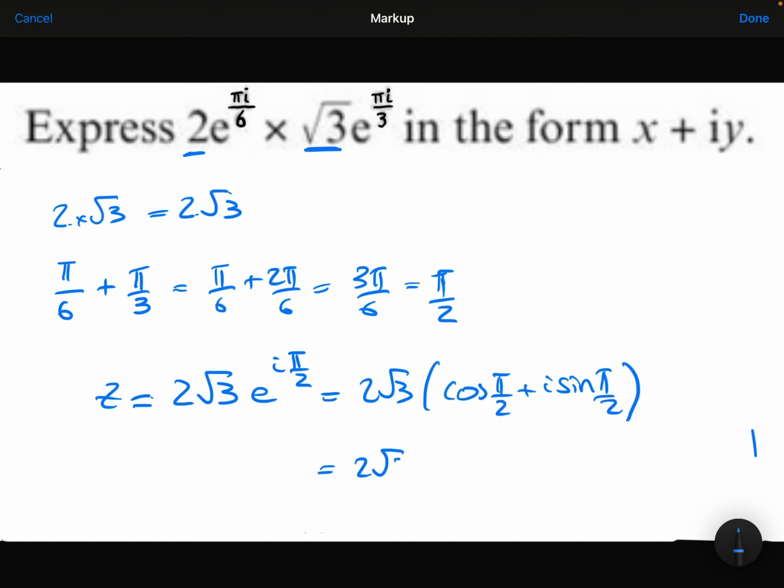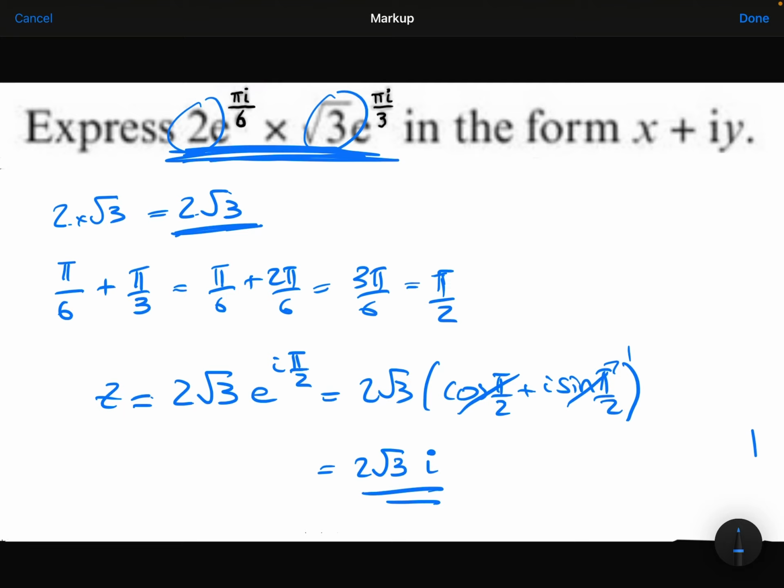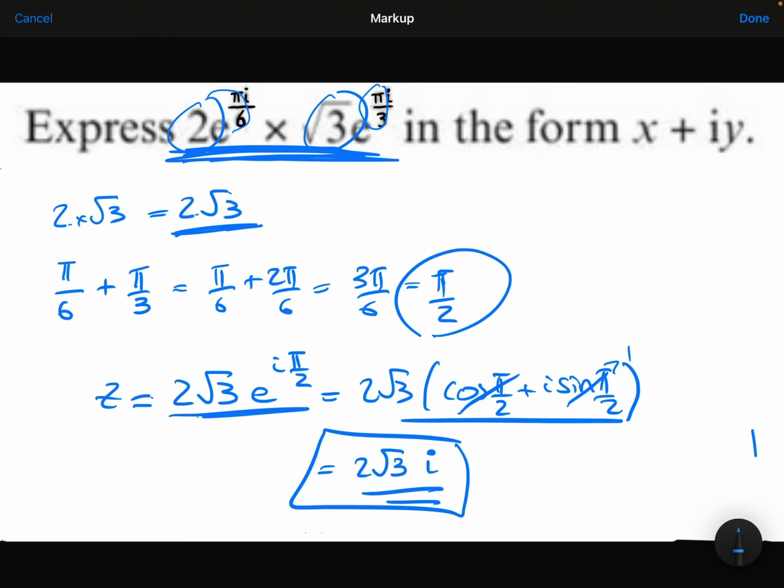Cos pi over 2 is 0, sine pi over 2 is 1, so I just get 2 root 3 i. And that is my complex number. That is the result of multiplying these two numbers together. So I multiplied the two moduli, I added the two arguments, and then put those results together to get the result that I wanted.